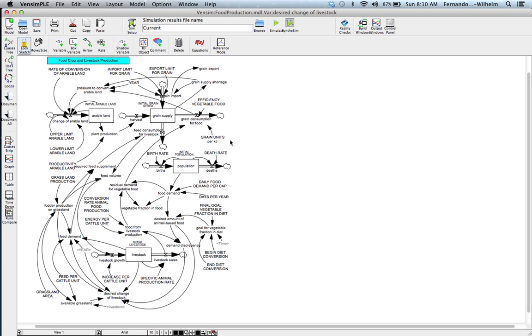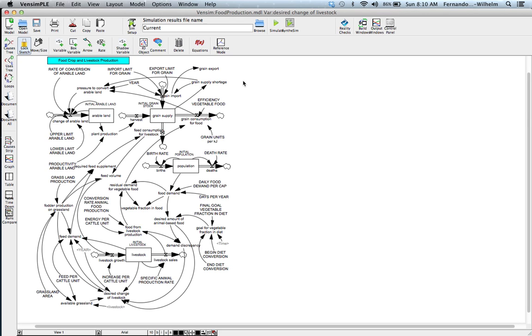This is a fairly, even though it's a simple model, a fairly complex interaction, and I can tell you, this was not developed by a single individual. This was groups of people or groups of specialists in each area working together, and that's the common approach in system dynamics, and it's also the power of system dynamics as an integrator of disciplines. So that's why I think this learning is actually useful for you.